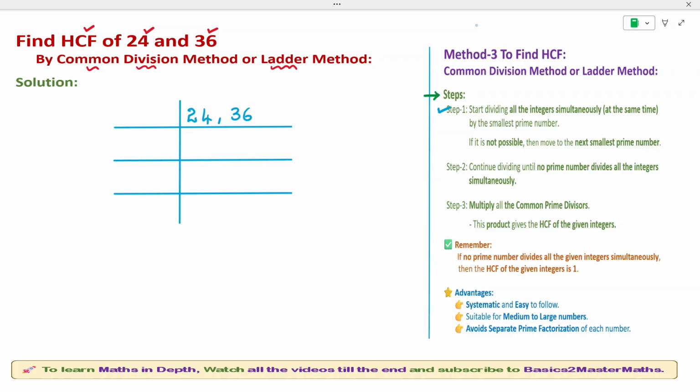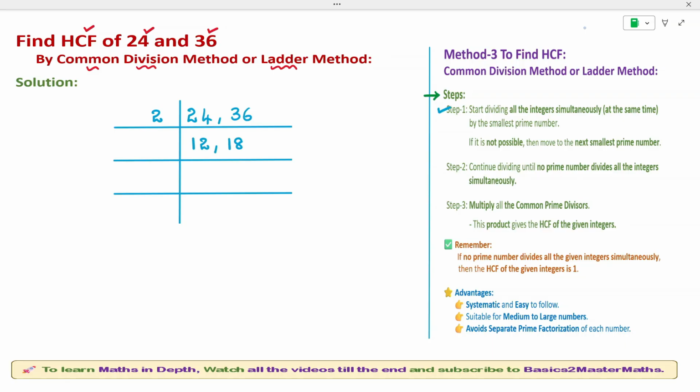Start dividing 24 and 36 by the smallest prime 2. Since 2 divides both integers 24 and 36 exactly, we get 12 and 18.